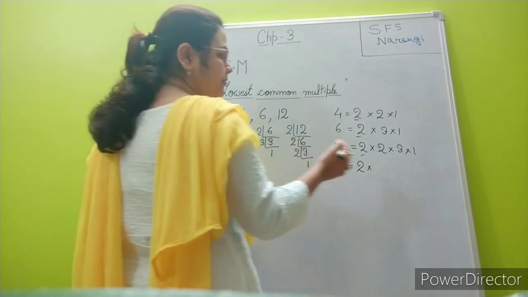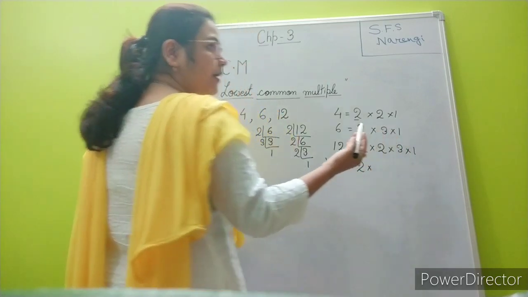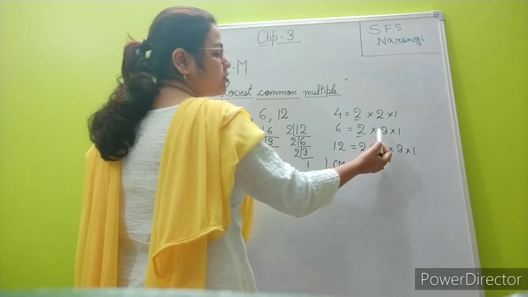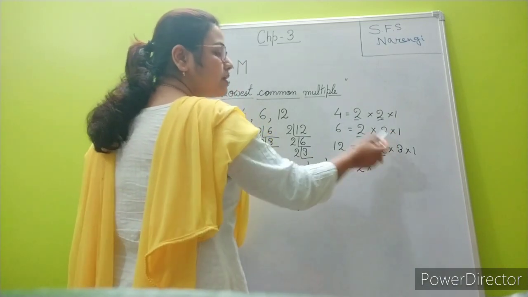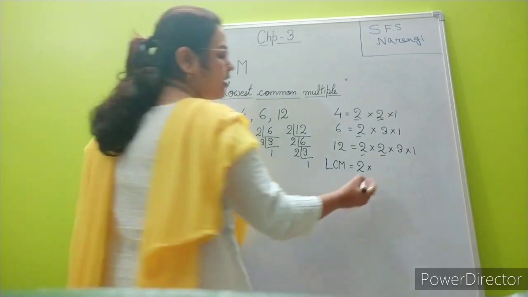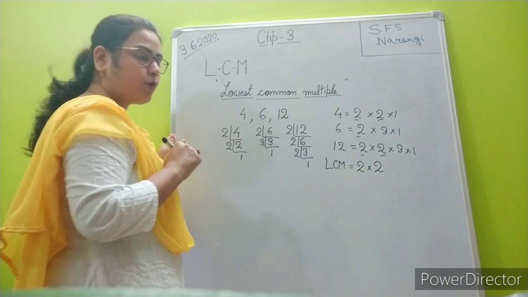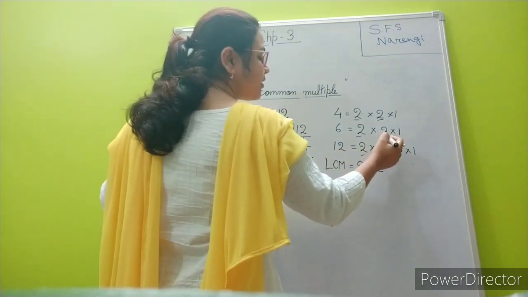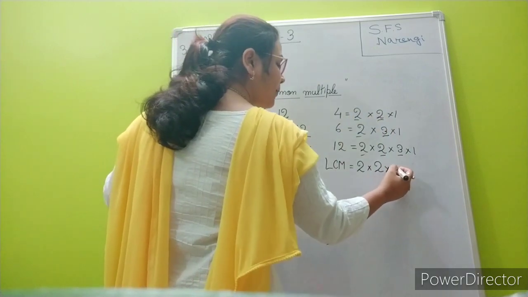Then in this one, 2 is here and 2 is here. Even though 2 is not here, we will take one 2, which is present in both of them. Next, 3. 3 is present in this one and this one, not present here, but we take 3.